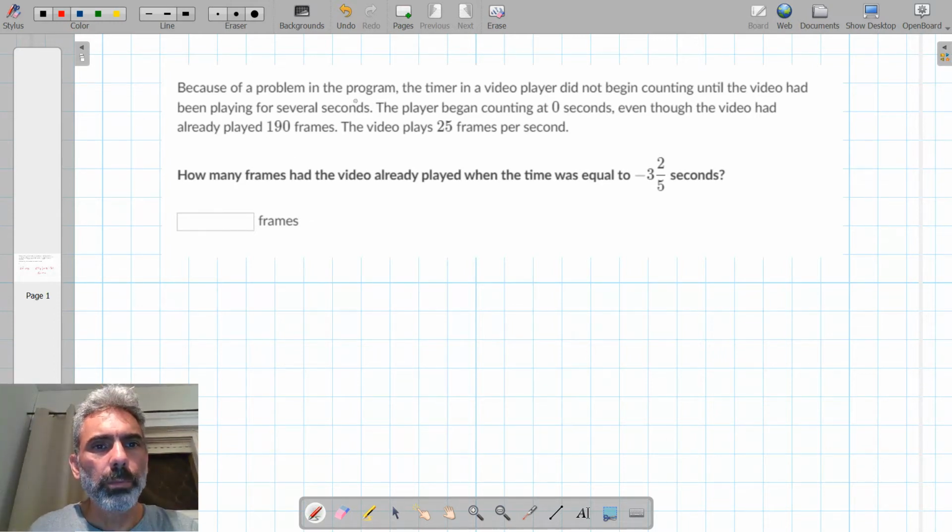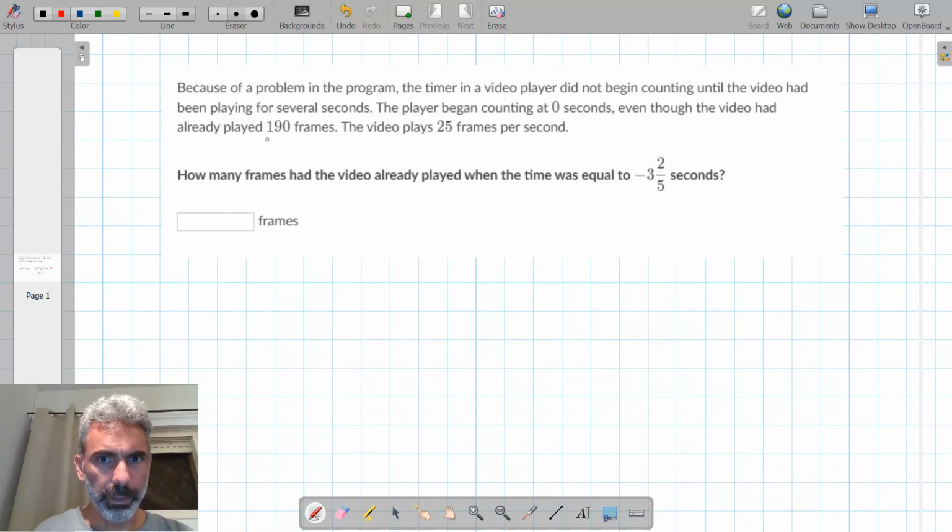Because of a problem in the program, the timer in a video player did not begin counting until the video had been playing for several seconds. The player began counting at 0 seconds, even though the video had already played 190 frames.